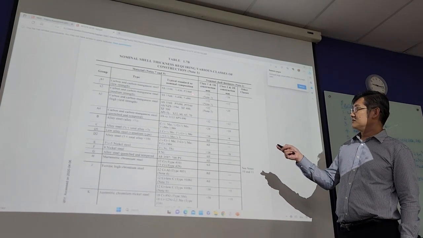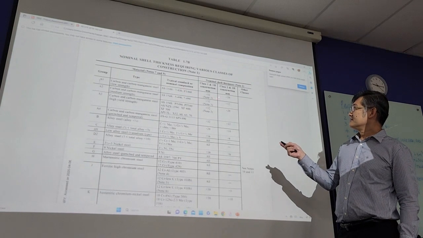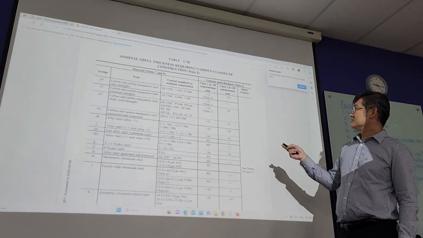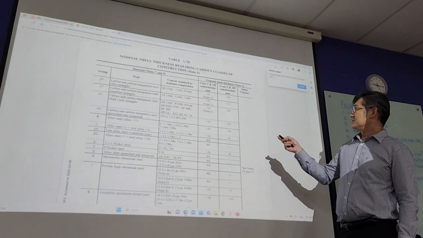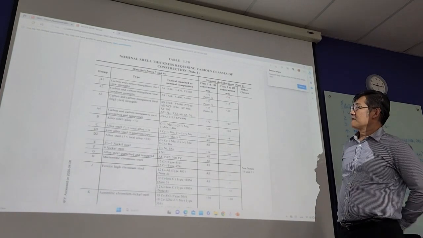According to our project B question just now, class 2 and 2H, the shell thickness larger than 20 mm.